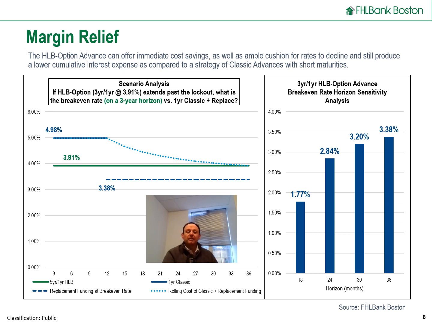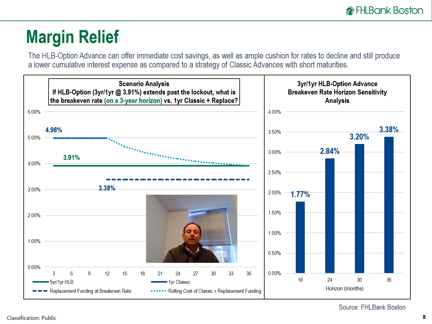Here we're looking at an example on the left-hand side where a HLB option with a 3-year maturity and 1 year of lockout period is priced at 3.91%, and we're comparing that to the 1-year classic advance at 4.98%. So right off the bat, in that first year, you're capturing over 100 basis points of savings. But with the classic advance, at the end of 1 year the advance is done, and you can replace it, or not replace it, whatever you need.